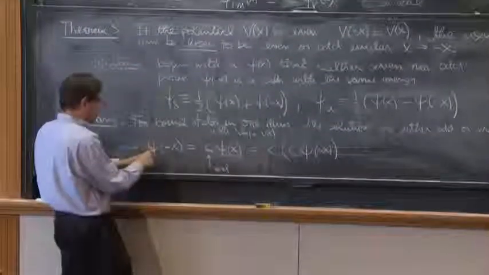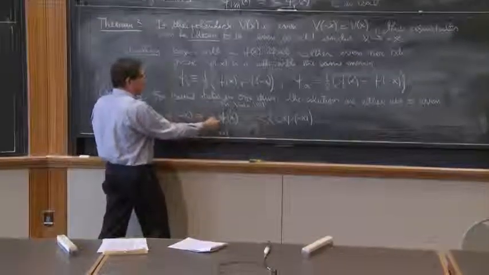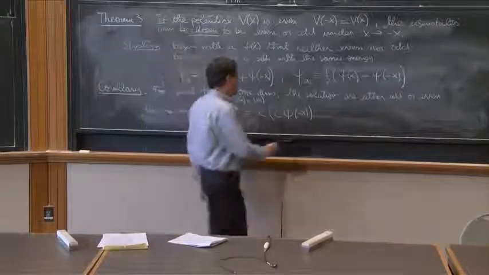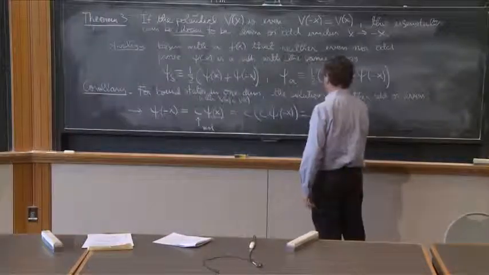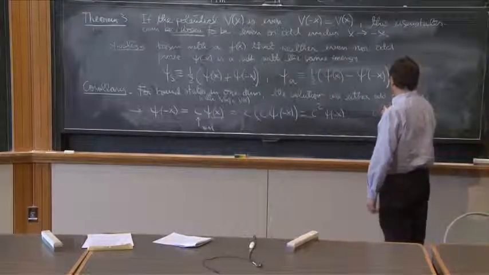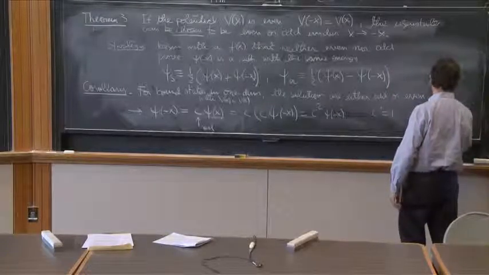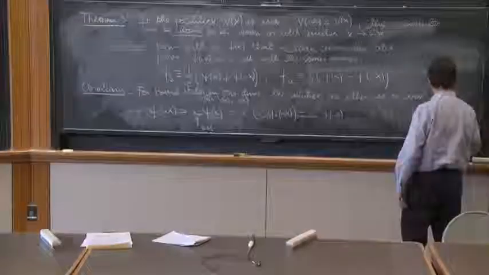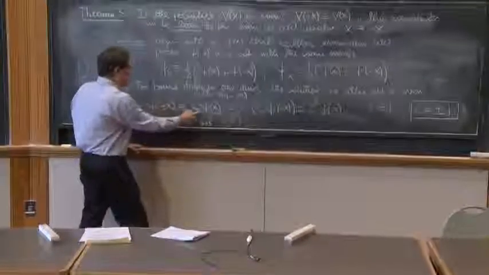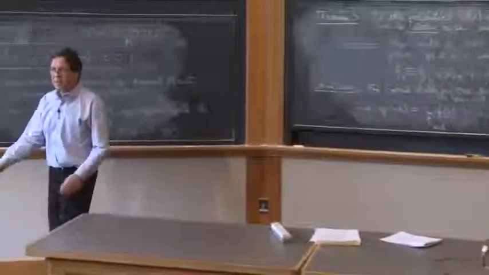Basically, what this says is that you can change the sign of the argument by putting an extra c. So you do it again. Psi of x is equal to this, so this is c squared times psi of x. So c squared must be equal to 1. And therefore, c is equal to either plus or minus 1. No other option. So the functions are either even or odd, but they can't be arbitrary.